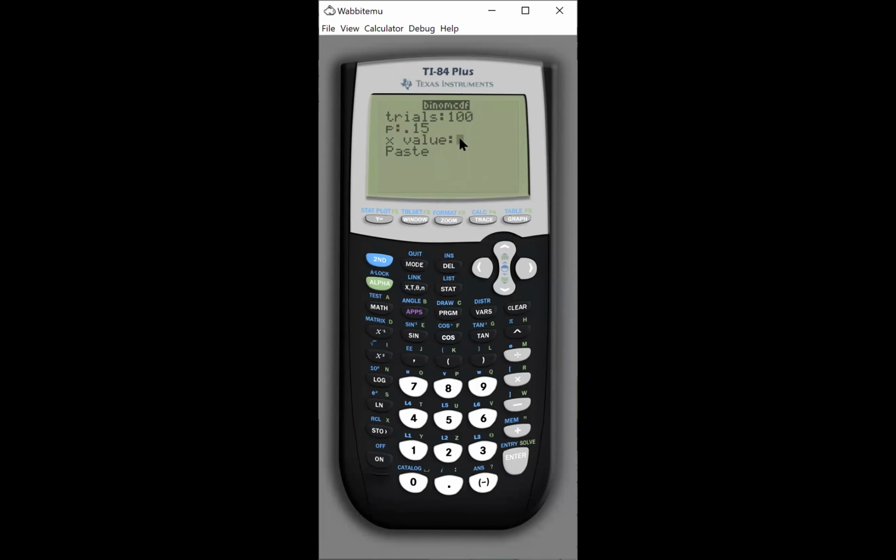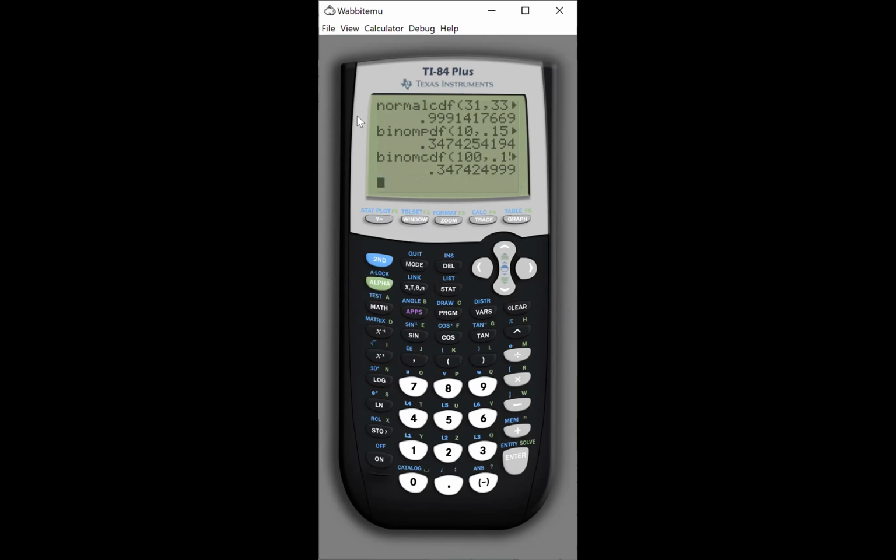So I'm going to say x is equal to 13, because what I want the binomial CDF to get me is 13 all the way down to 0. So we go to paste. All right, so you get 0.3474. Everybody got 0.3474?